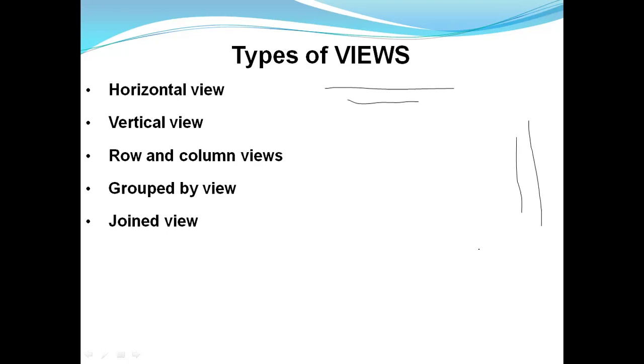Simple. Then we have the row and column view. जब ये दोनों differences हैं, then it will be the row and column view. If you have this difference also, and if you have this difference also, then it will be considered a row and column view, a combination of both.